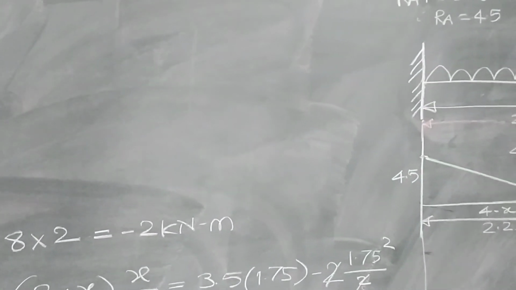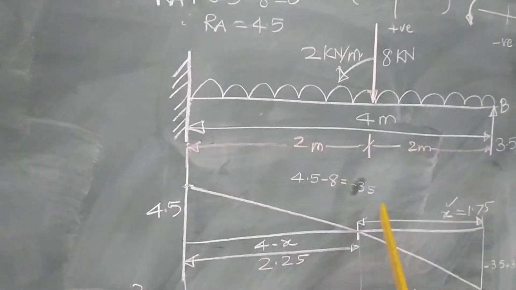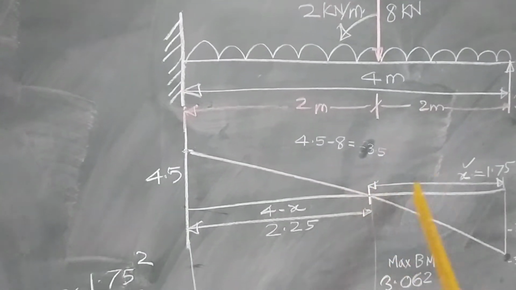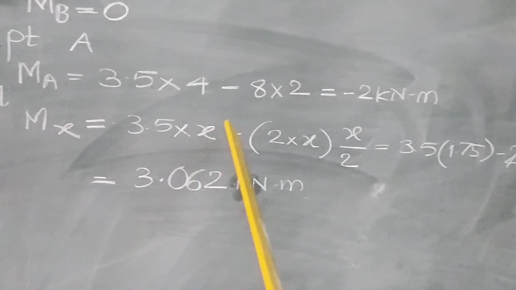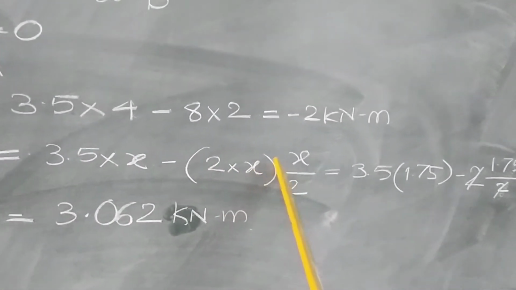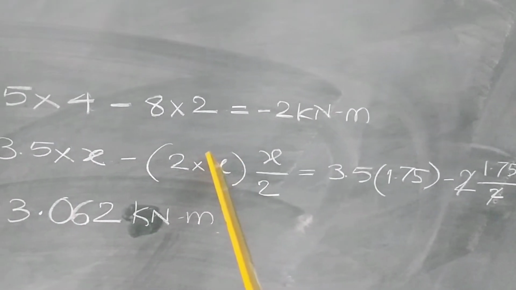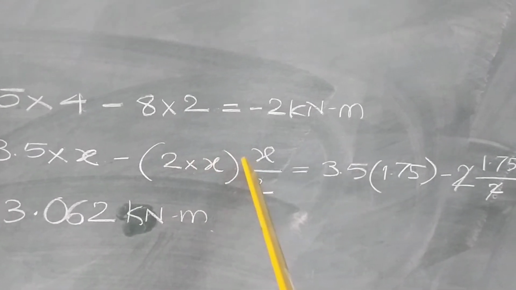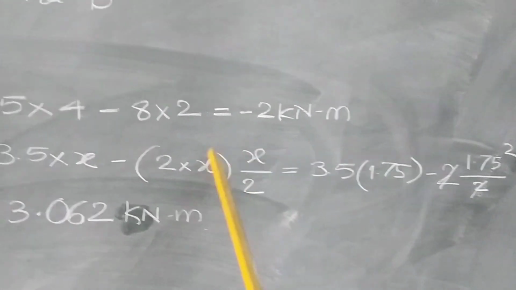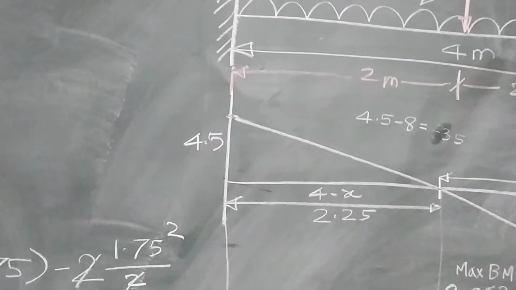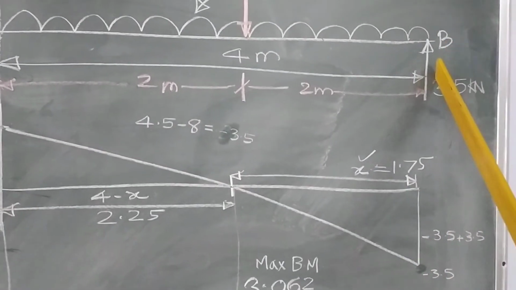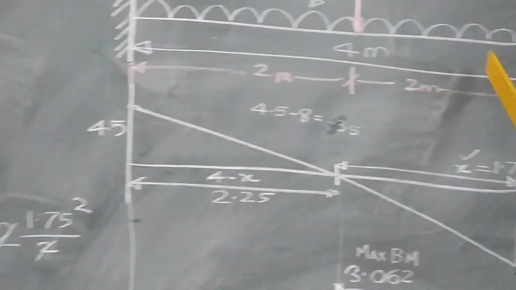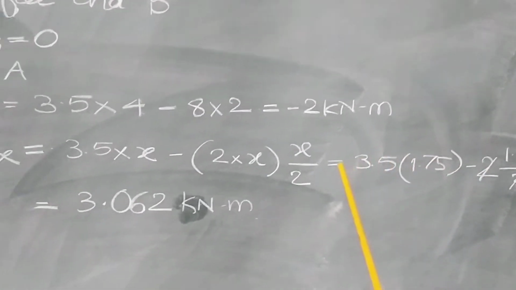So, we have to calculate bending moment at this point of contraflexure. So, 3.5 into x minus, this is UDL. So, 2 into x by 2. Only these 2 points are towards right of this point of contraflexure. First one is this and second UDL for the span of x.